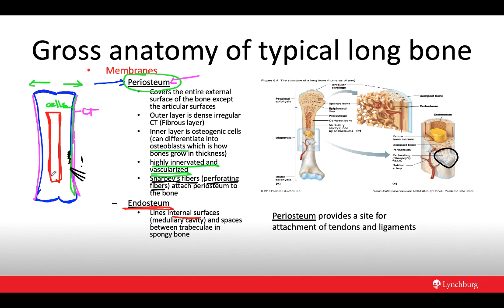And then also, too, it's going to be located in the spaces between the trabeculae and the spongy bone. So like up here at the ends where we have kind of more of a spongy bone arrangement, we're going to have endosteum that is located within those spaces as well.